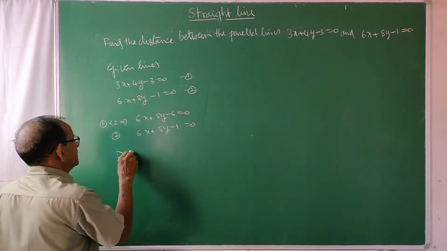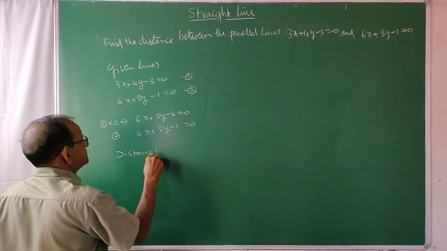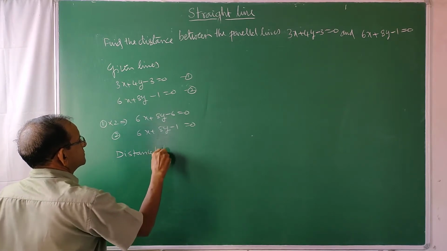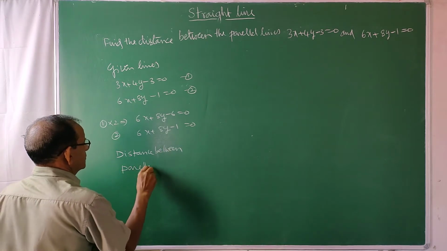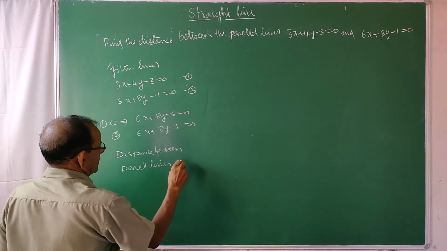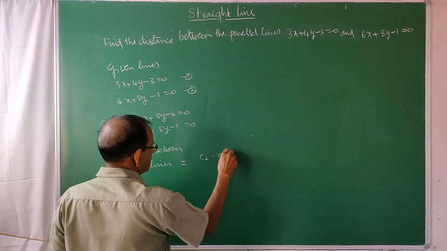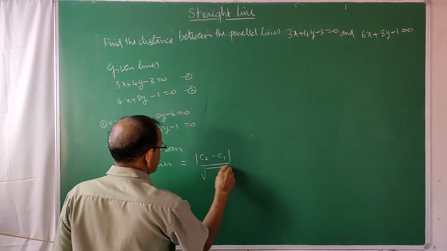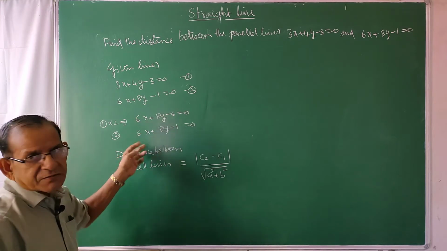Distance between parallel lines is equal to modulus of C2 minus C1 by root of A square plus B square. C1 and C2 are the constants in these two, A and B are the coefficients of x and y.